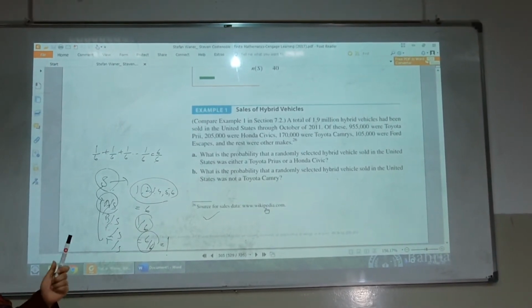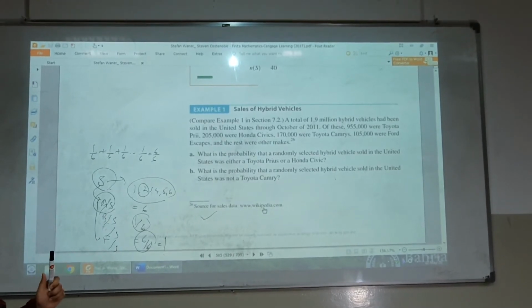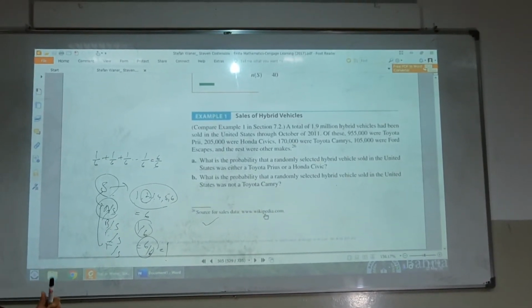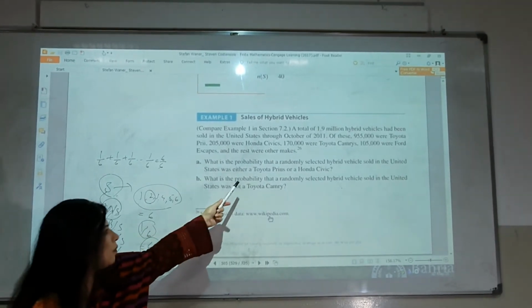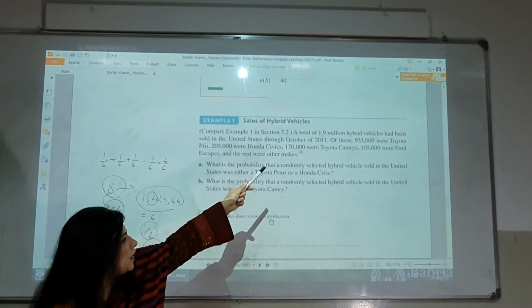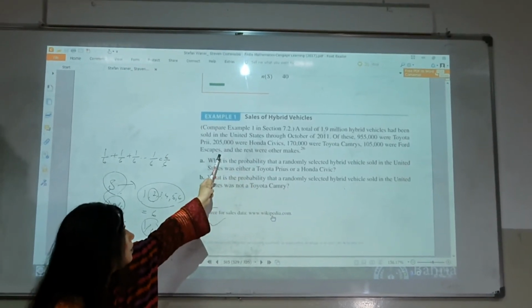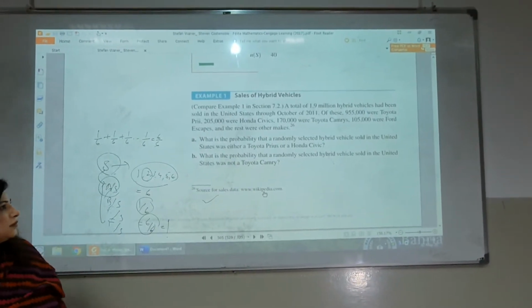So now, first of all, you need to know that the entire sample space is 1.9 million. Was it either a Toyota Prius, but not a Camry? So we have to subtract the Camry from the entire sample space. First, you calculate the Toyota Prius, 955,000 by 1.9 million. Then we have Honda Civic, 205,000 by 1.9 million.